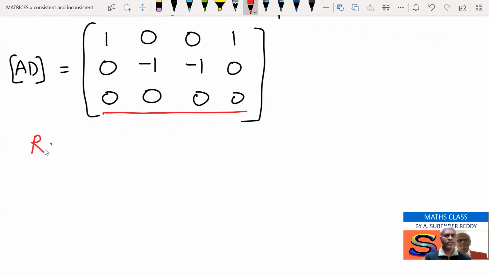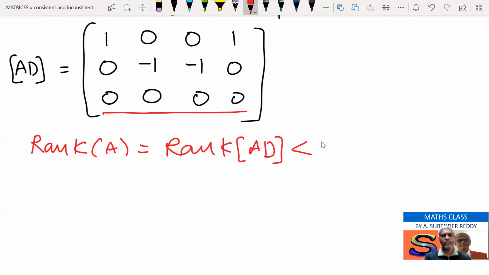So in this case we write rank of A is equal to rank of AD, that is less than 3, and the system has infinitely many solutions.